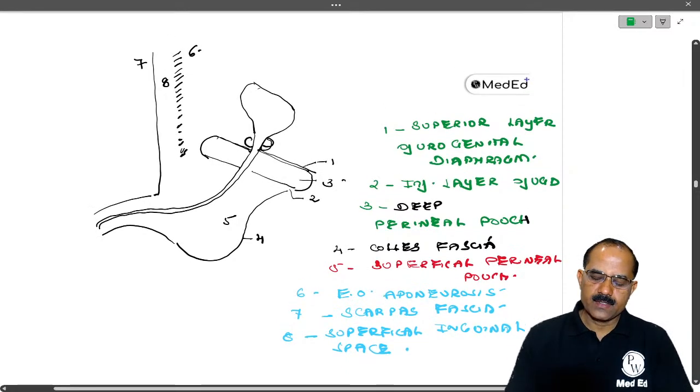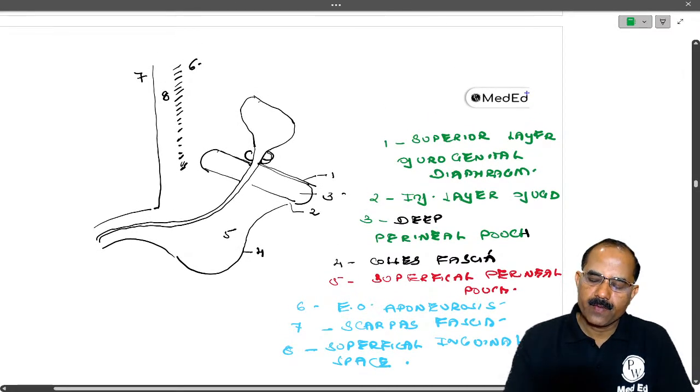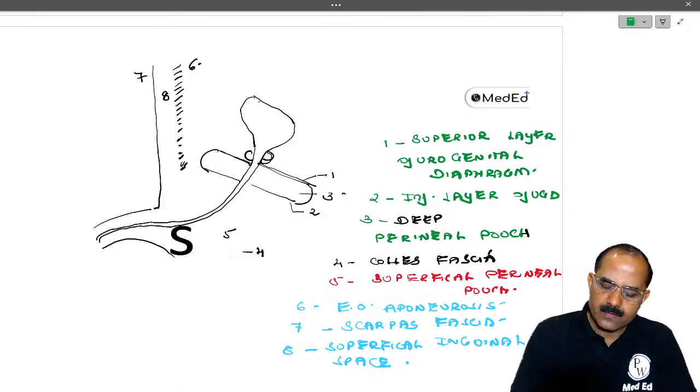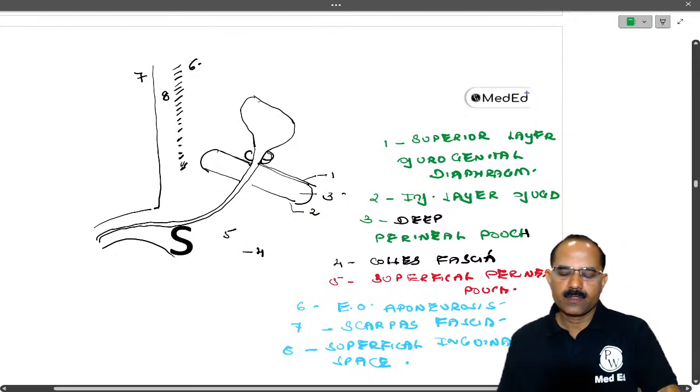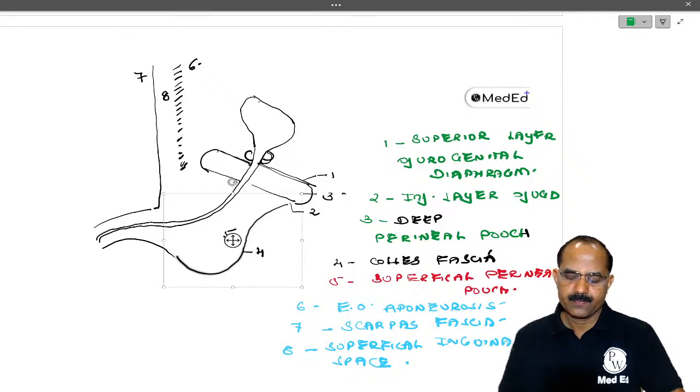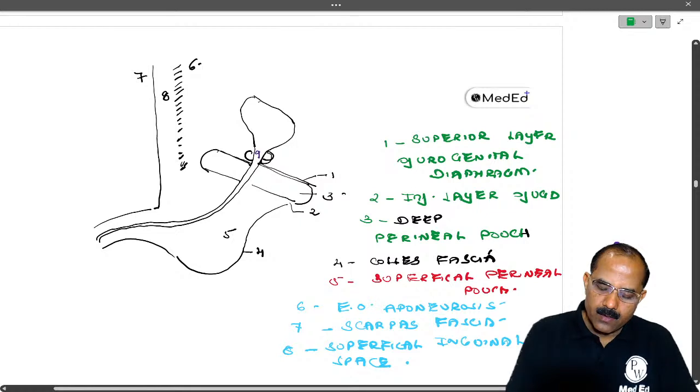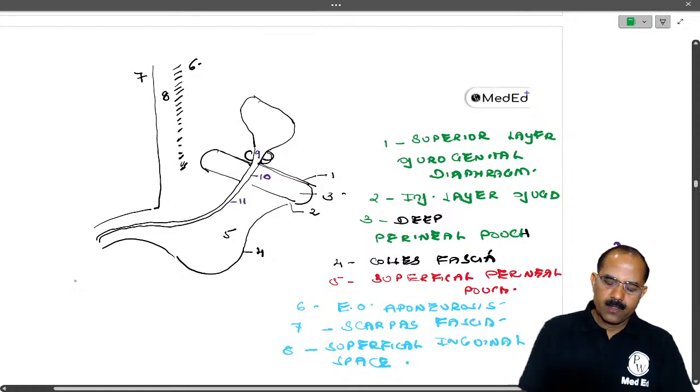I'll tell you this, just 1 minute. Now, what is this number 9? Oh, what has happened here? Oh, 1 minute. Fine. What is this number 9? Number 9 is prostatic urethra.